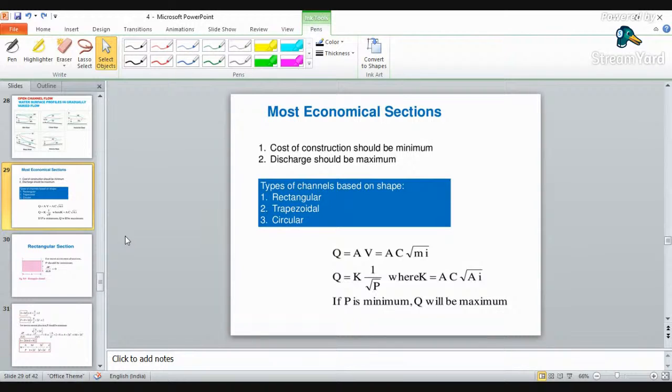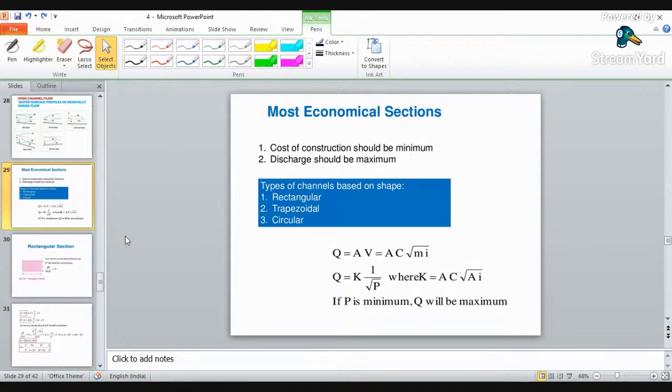a section which is having a maximum discharge for a given cross sectional area and the bed. So those parameters are very important while designing the most economic section, that is cost of construction should be least or minimum, and discharge, that is the Q, should be maximum.